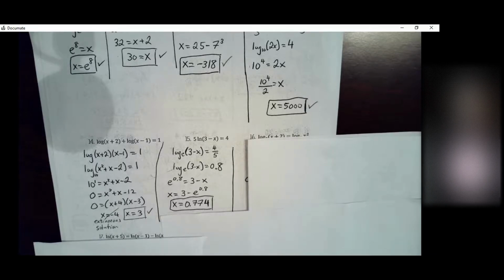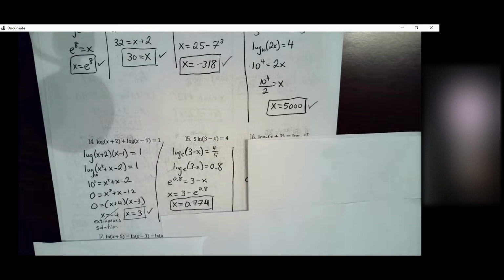So 0.774. Okay. The logs can cancel out, right?